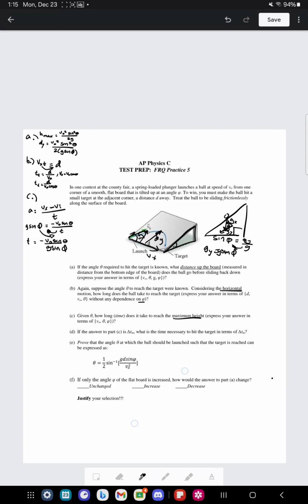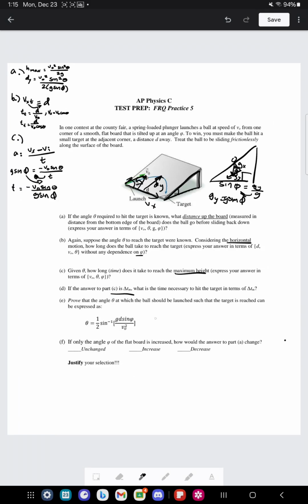For part D, how much time does it take to hit the target? This is quite simple. It takes 2 delta t.